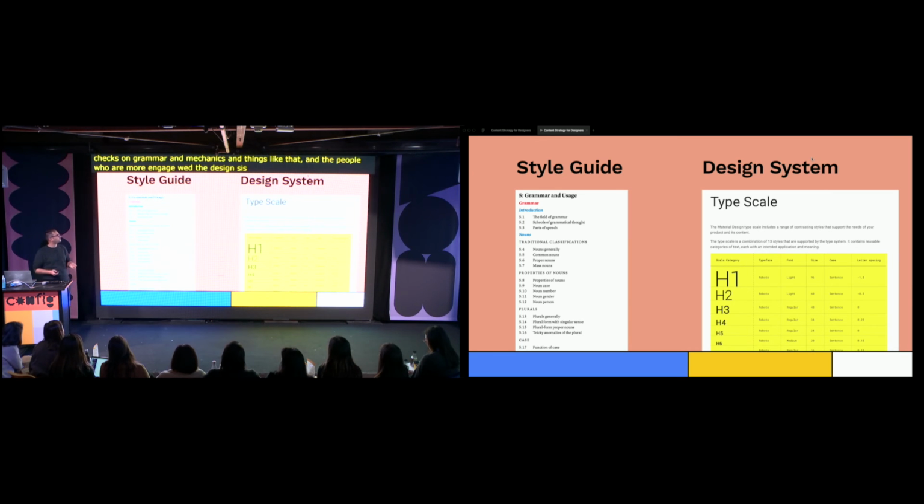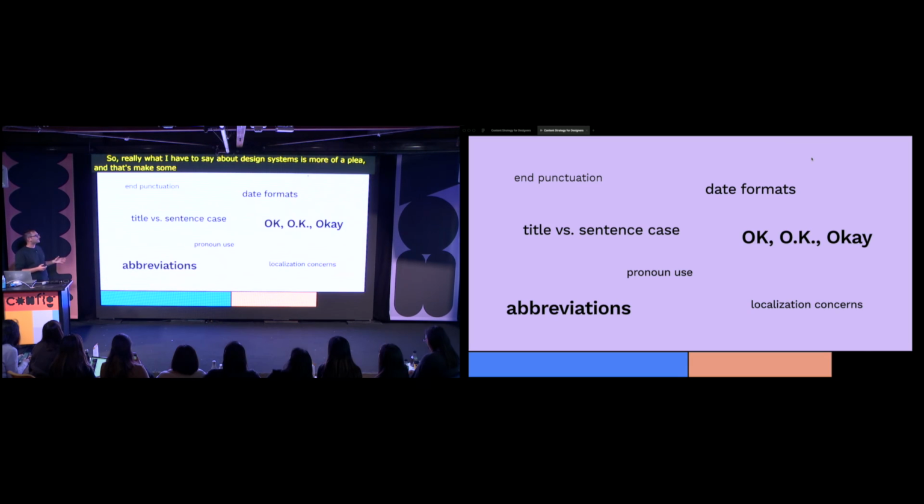So really what I have to say about design systems is more of a plea: make some space for content there. This is going to look very different depending on your product, your team, your organization, the things you're going to be focusing on.